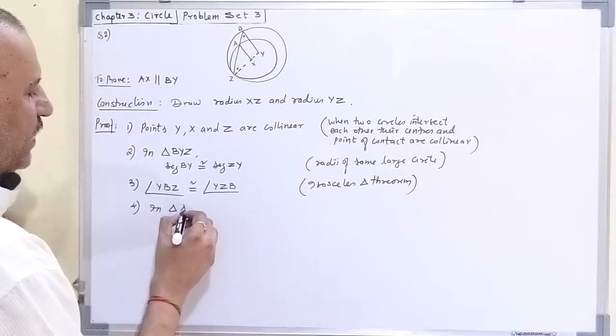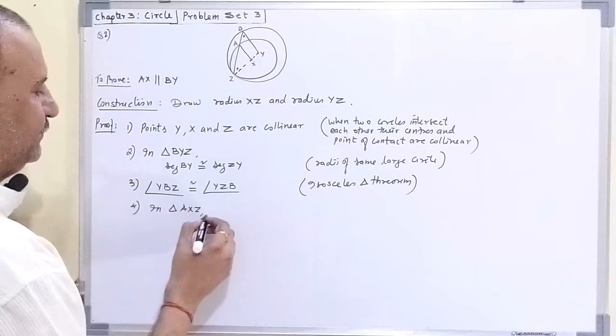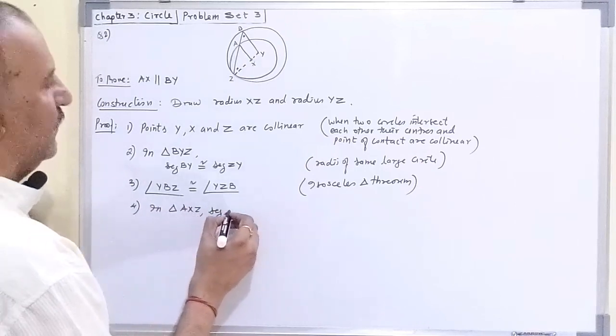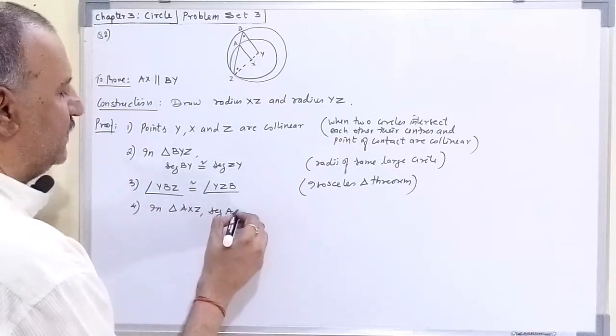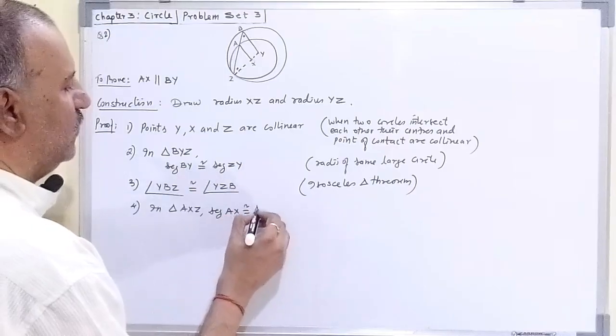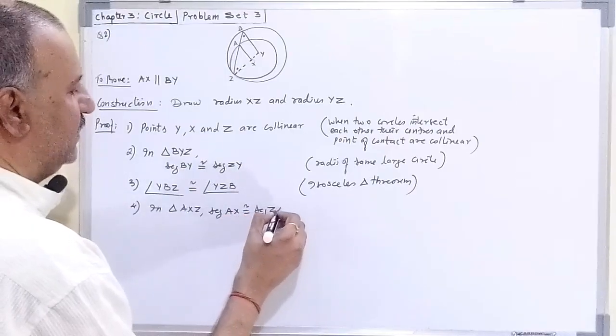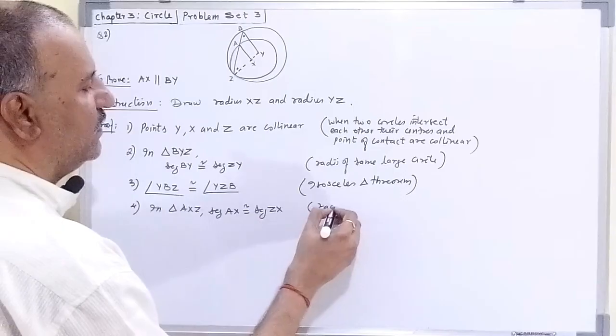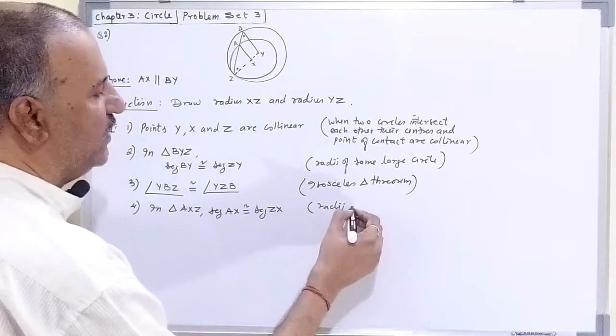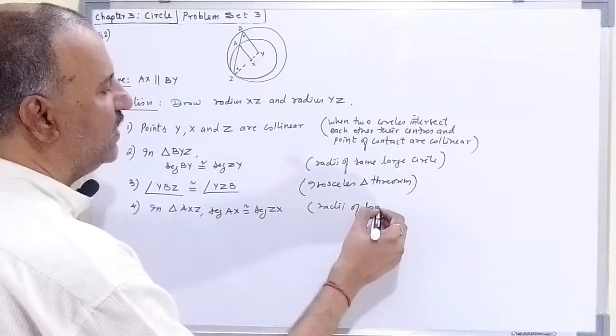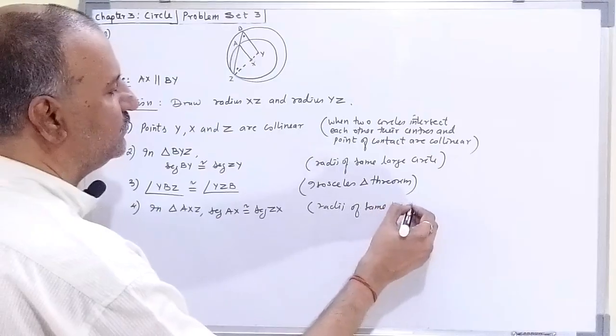इन ट्राइंगल AXZ, seg AX congruent seg ZX. सेम जैसे क्या, रेडिया सेम, लेकिन अभी स्मॉल सर्कल.